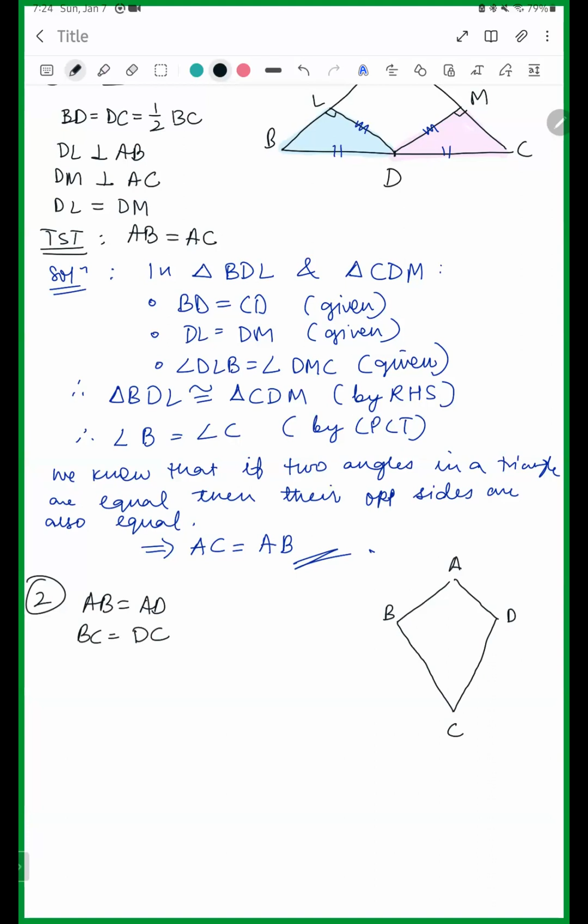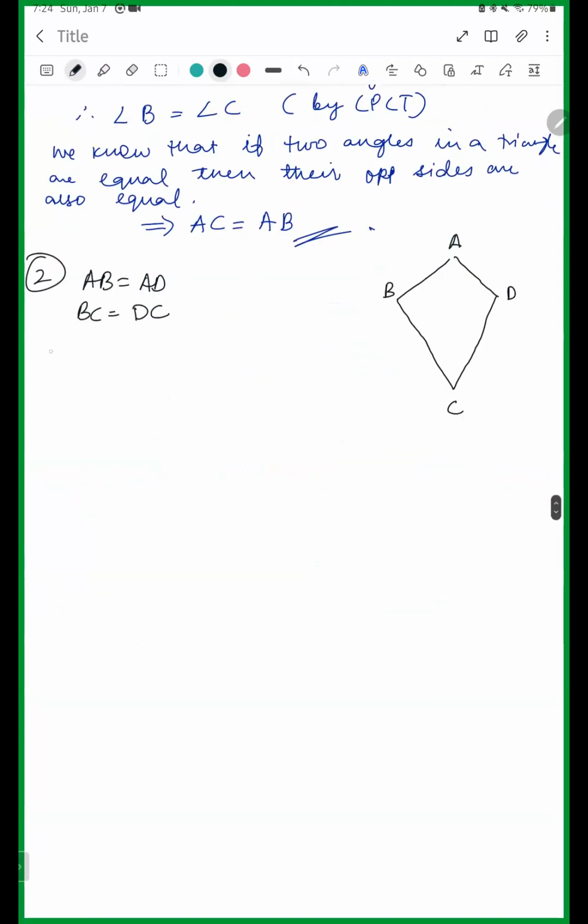Prove that AC bisects angle A, which means we have to show that, this is AC, angle BAC is equal to angle DAC. That's what we need to show.